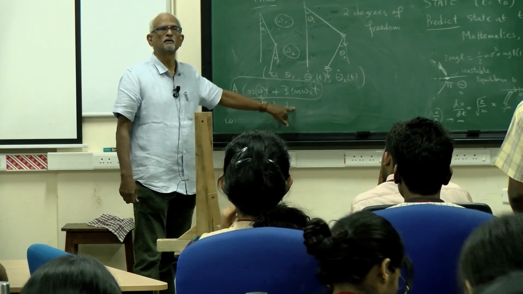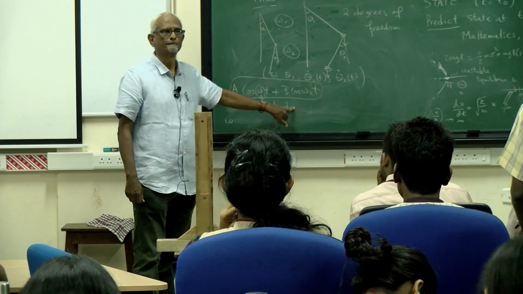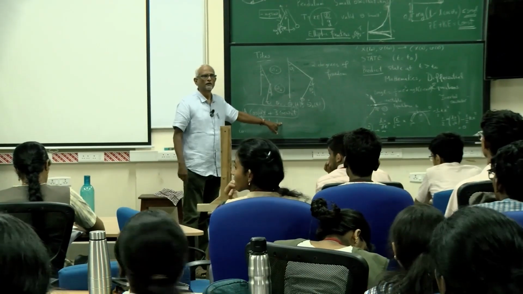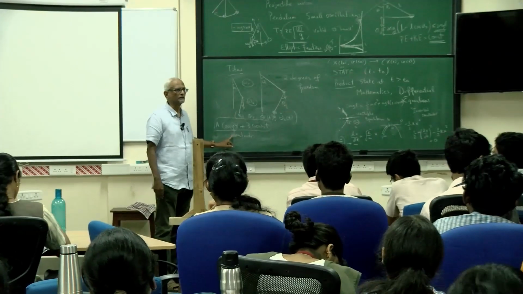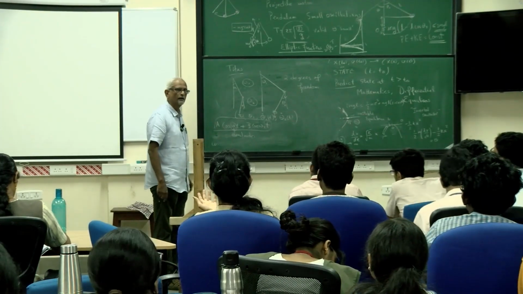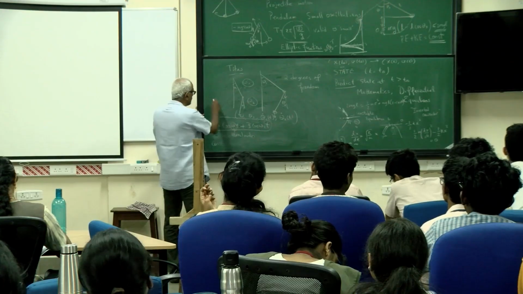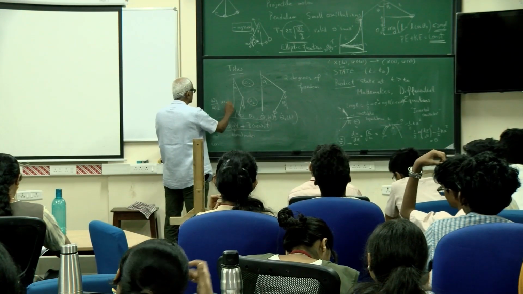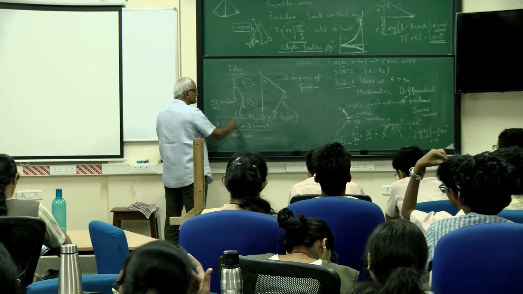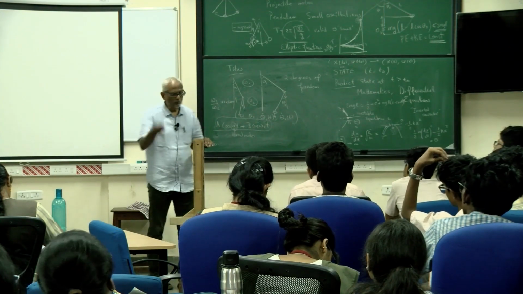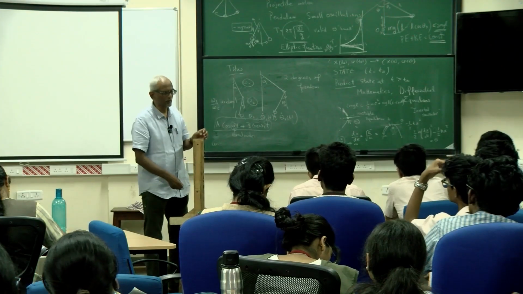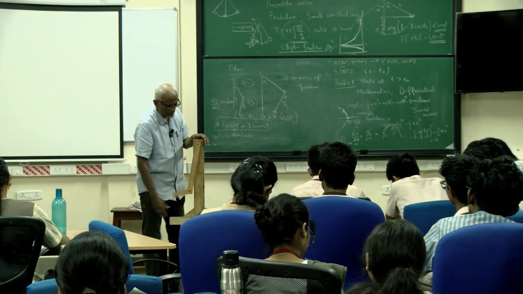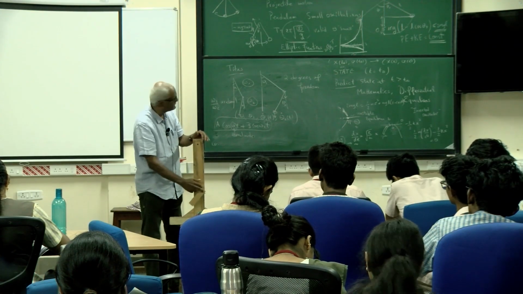When will this not be periodic? When omega 1 by omega 2 is irrational, this will not be periodic. Prove it; you can see that. When it is rational, it will be periodic. So typically this will be something which is not periodic.